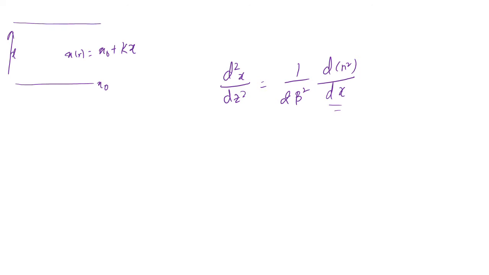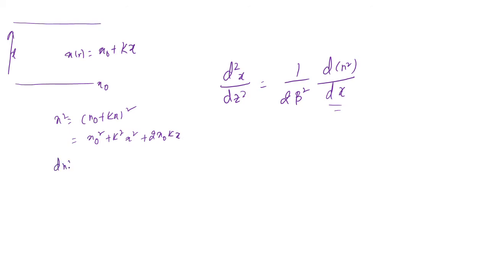So if I want to write n square, then I can write n square as n0 plus kx, all squared. So I can write it as n0 square plus k square x square plus 2n0kx.